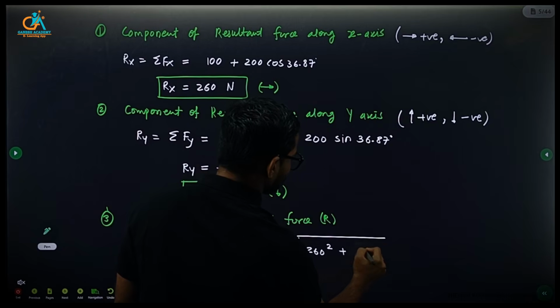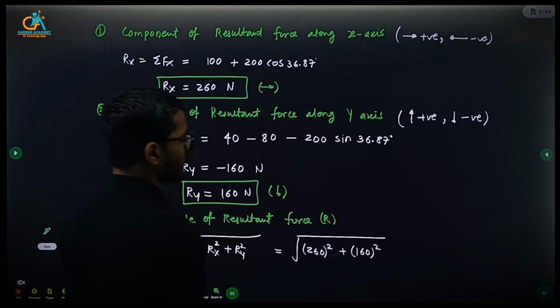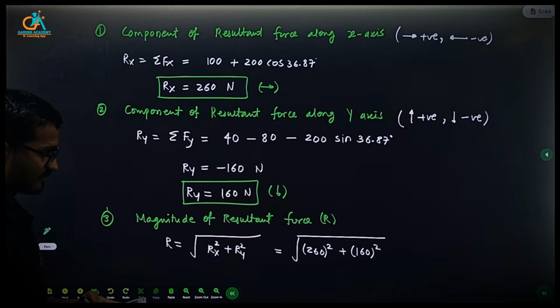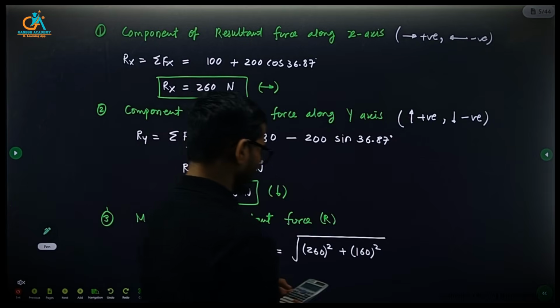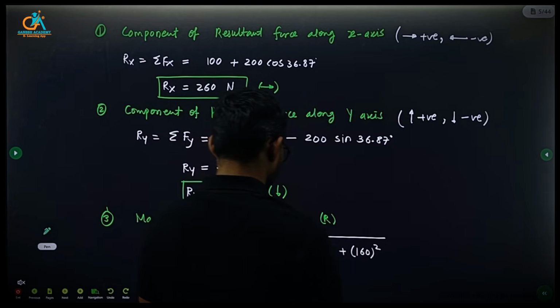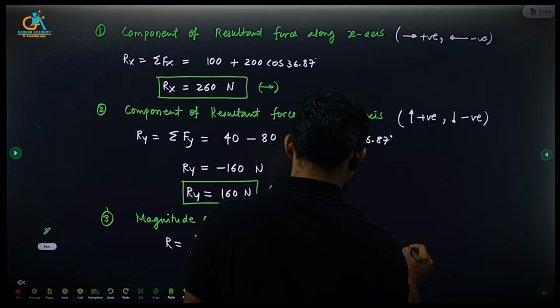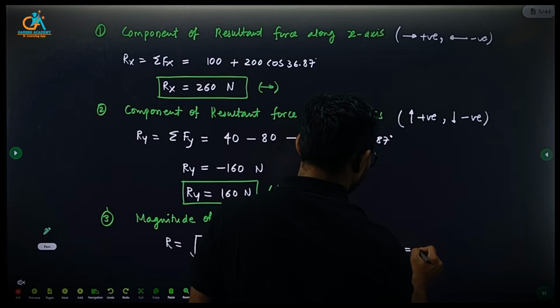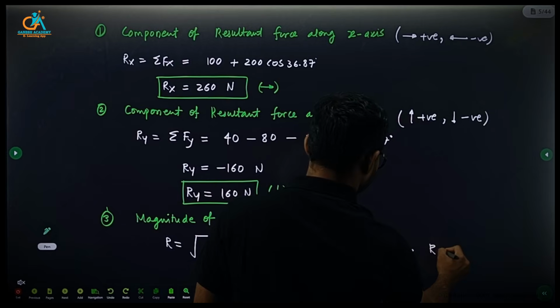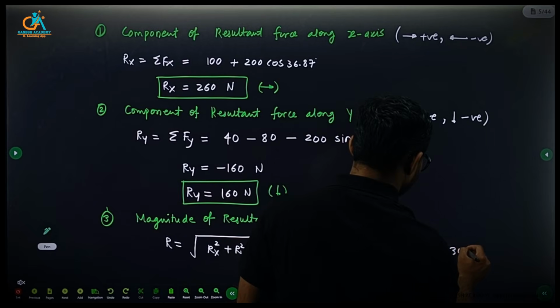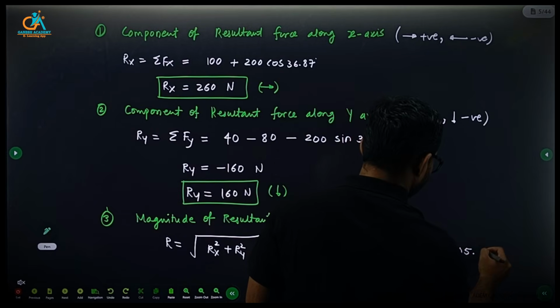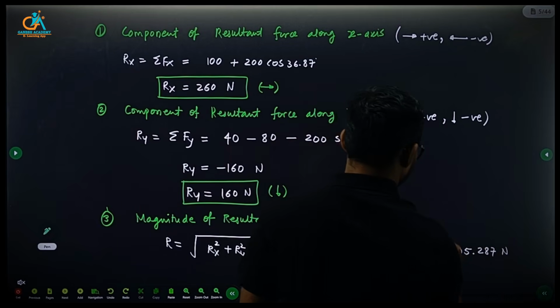That gives 305.2867, so you can write 305.287 Newton.